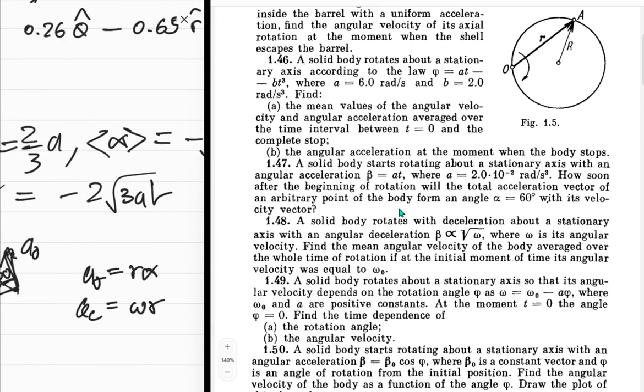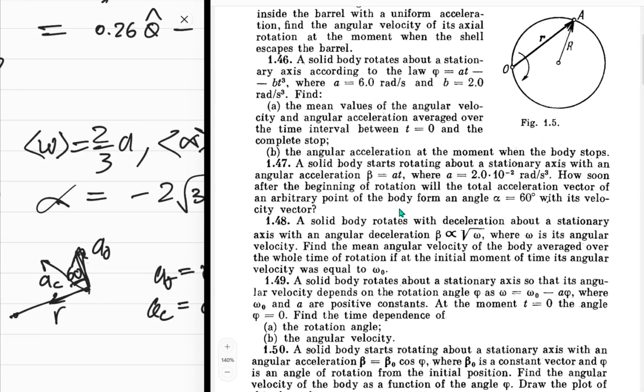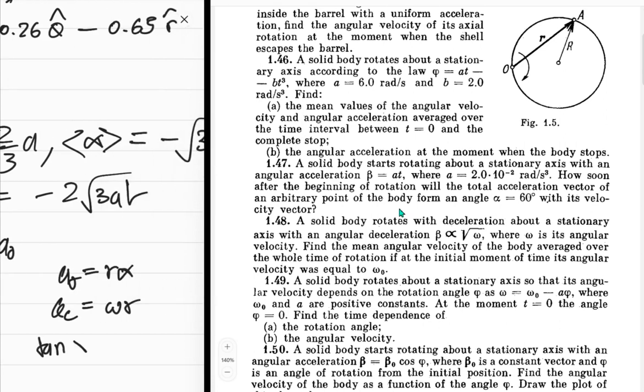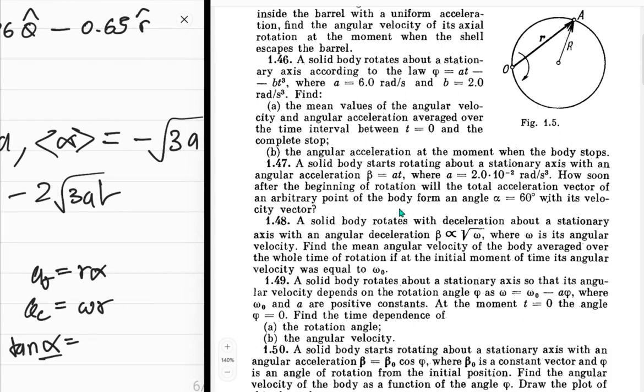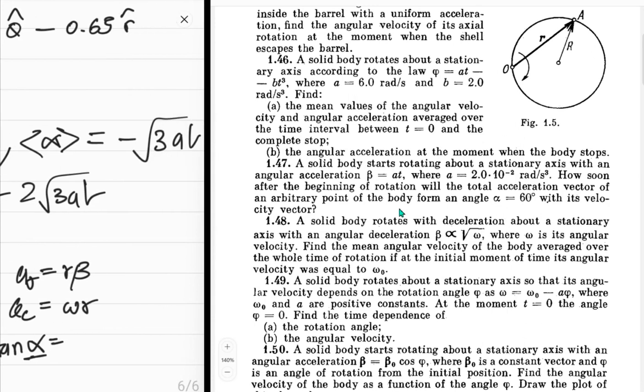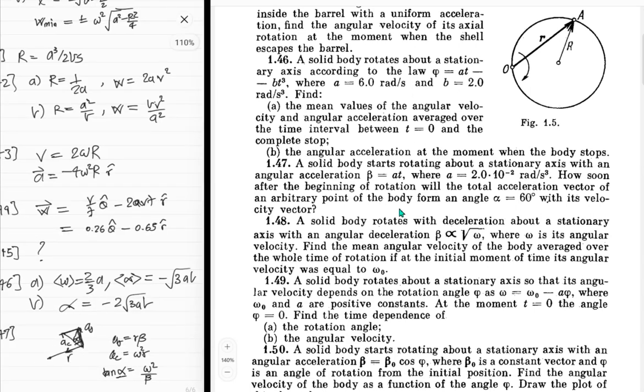So we divide, AC upon AT. I don't like this alpha over here, so I will use beta. Tan alpha is just AC upon AT, which is omega squared upon beta. That's what we need to find out.